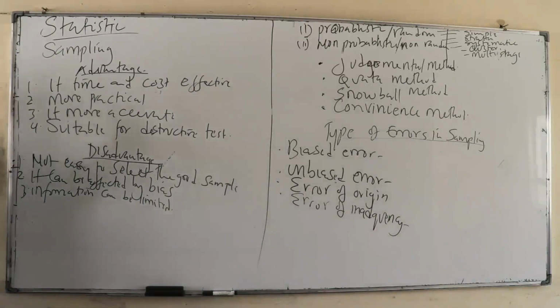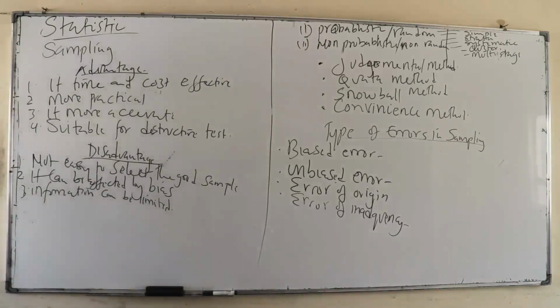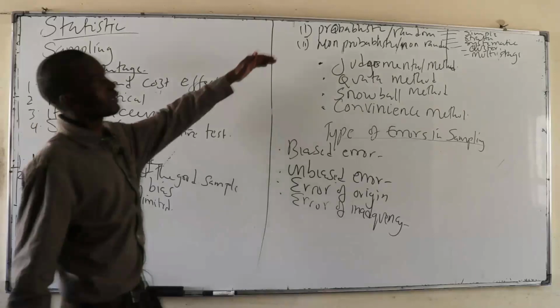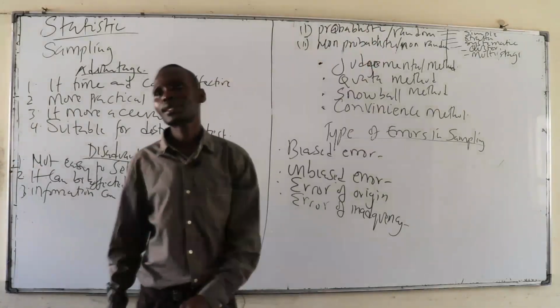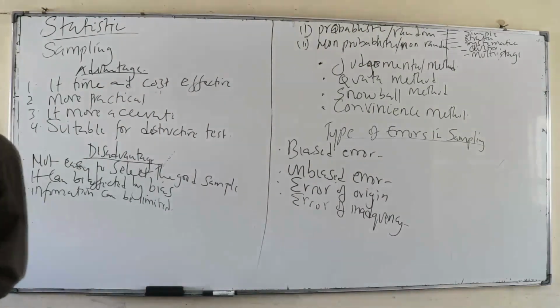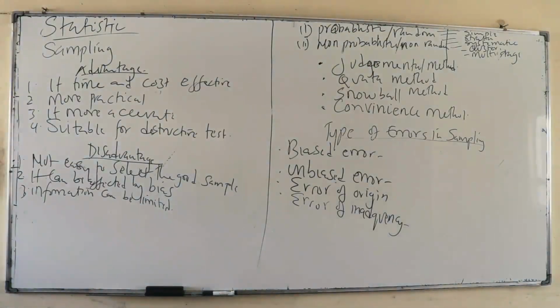And number 4 is sampling. Sampling itself, we said, is divided into 2, whereby we have probabilistic random sampling and non-probabilistic sampling. Probabilistic is where the researcher assumes that every member has an independent and fair chance to be selected in the sample.